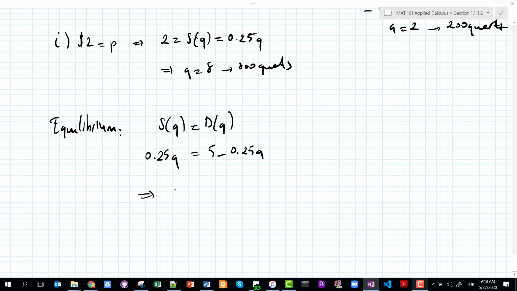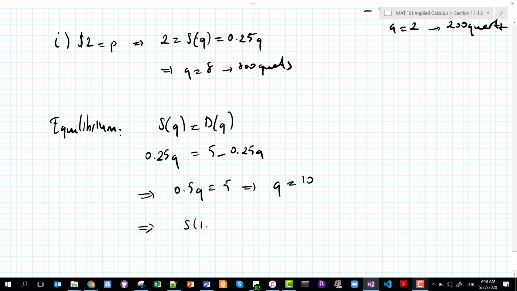If you solve for Q, 0.5Q would be equal to 5 from the equation, and then Q would be equal to 10. For the amount of Q, you need to figure out the price using either the supply or the demand function, and that would give you the price.